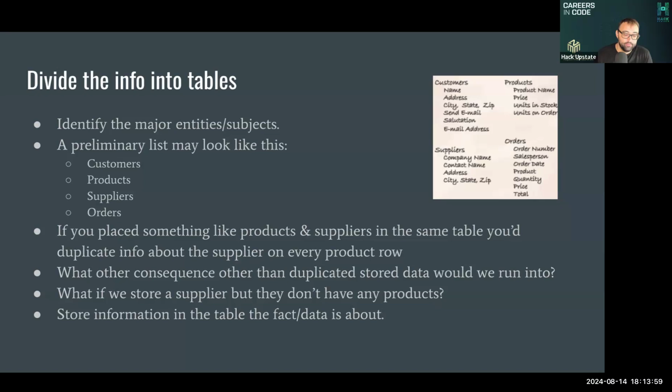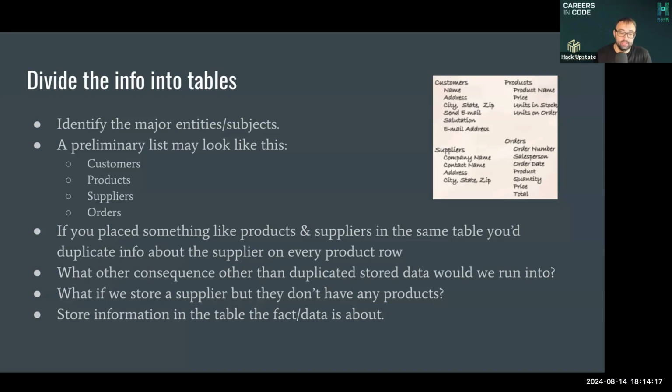Store information in the table that the fact data is about. I have no idea what I meant by that last bullet point. Oh, I guess you don't want to store information in the table unless it is specifically related to that table's name, right?